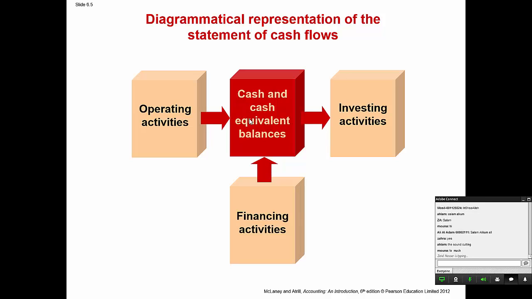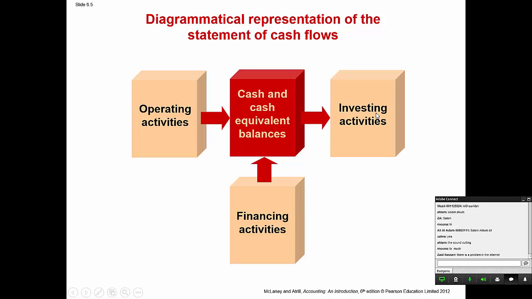Whereas the investing activities usually take from the cash. That means here the cash will be an outflow. We will have what we call cash outflow. That means we pay to invest in another asset. So the cash flow here will be from the business to the investment.